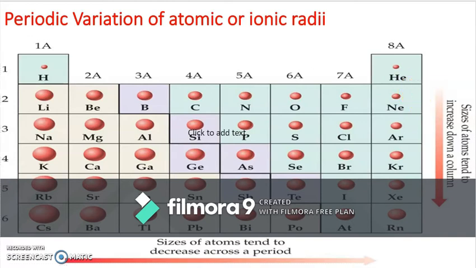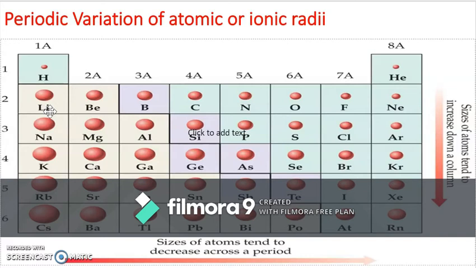As we proceed from left to right in a period, electrons are added to the orbitals of the same main shell. Therefore, the distance between the outermost electrons and the nucleus remains almost unaffected by the addition of an electron at every new element from left to right.